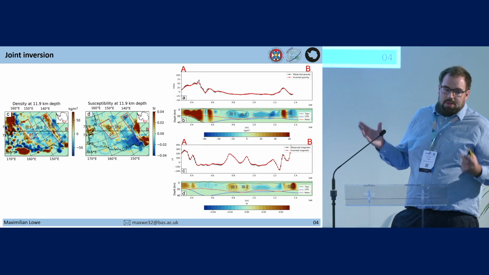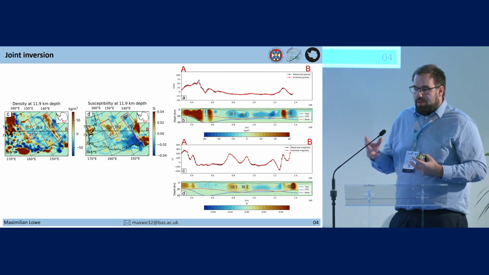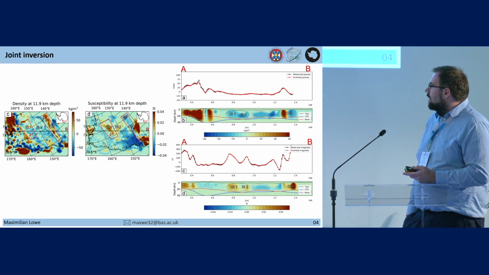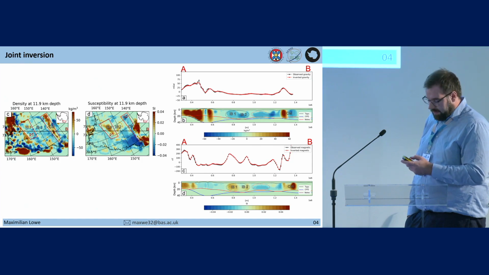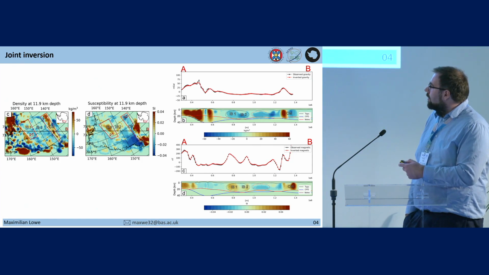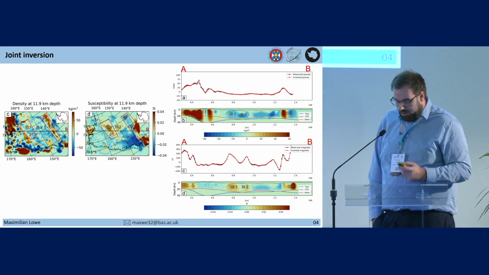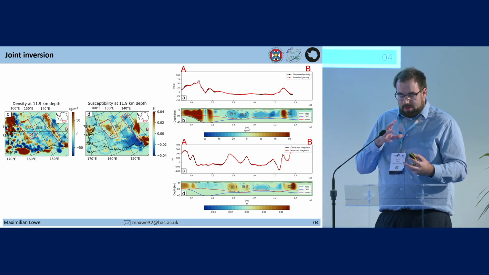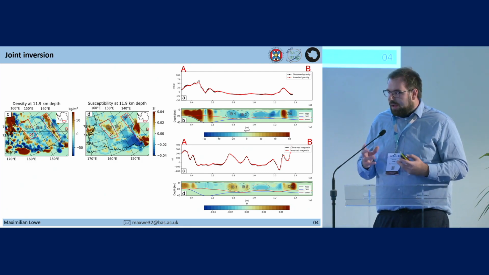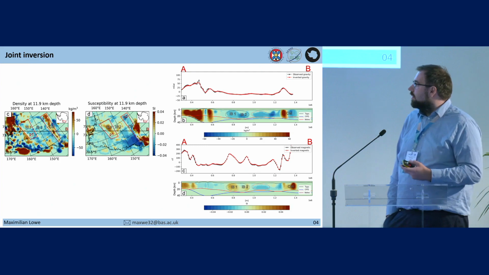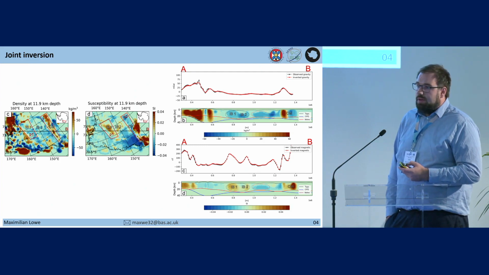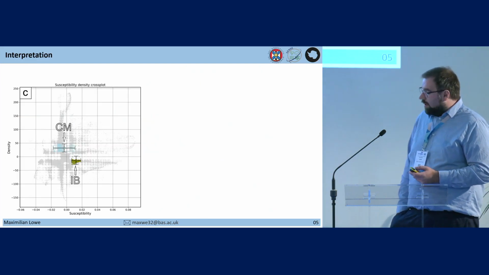But because we're in 3D and can cut out all the three-dimensional values, we can pull out those polygons and look at exactly what the density-susceptibility relationship looks like for a certain geometry or province.